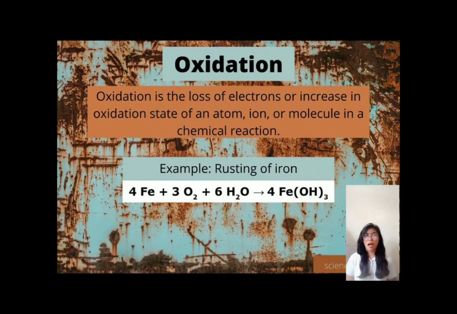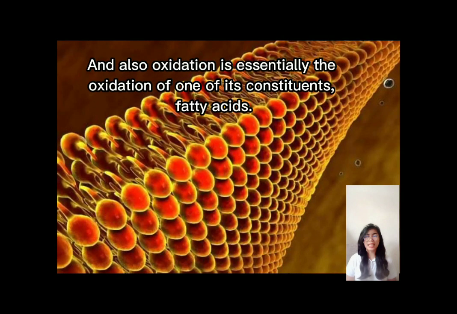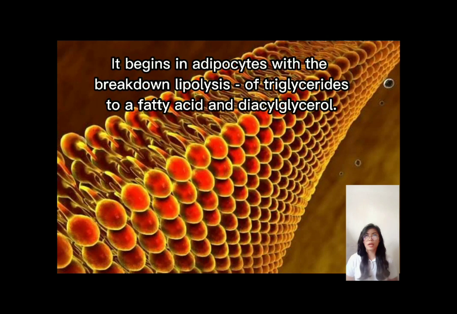trans fat. Oxidation. Oxidation is the loss of electrons or increase in oxidation state of an atom, ion, or molecule in a chemical reaction. Example, rusting of iron. Also, lipid oxidation is essentially the oxidation of one of its constituents, fatty acids. It begins with the breakdown or lipolysis of triglycerides into fatty acids and glycerol.